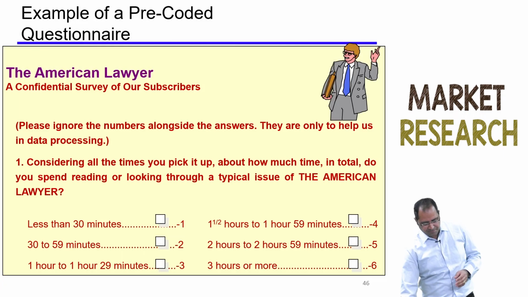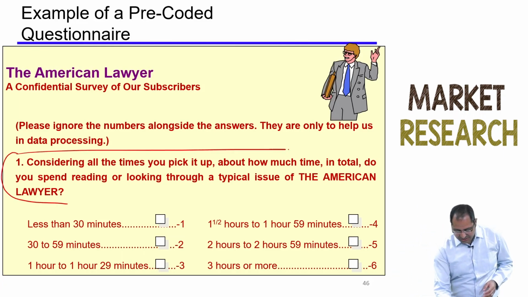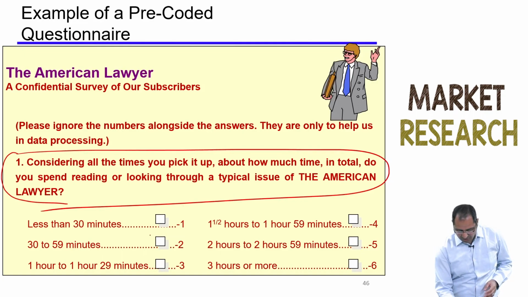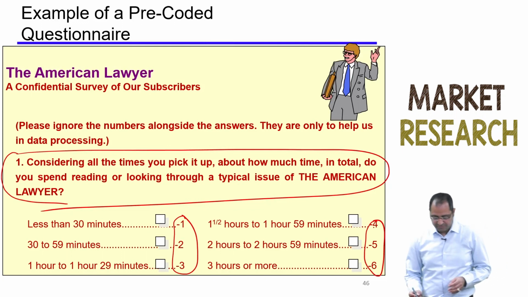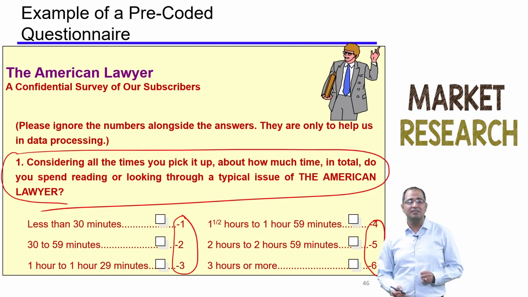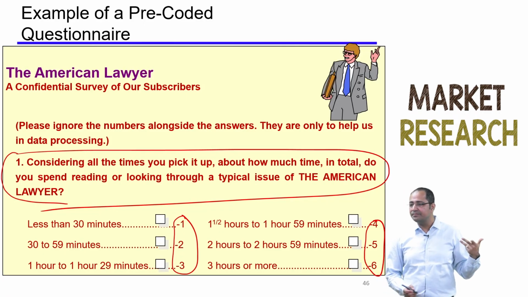If you see the first question, the question is there, and then answer options, and with the answer options 1, 2, 3, these are for you to enter the data. You will enter the data with these codes 1, 2, 3, 4, 5, 6, which represent a particular increase in ascending or descending order.